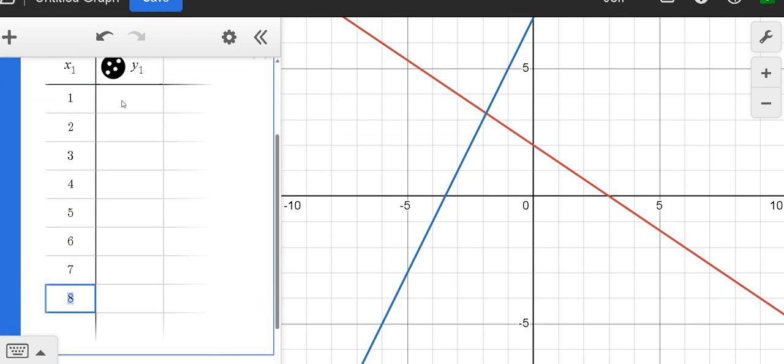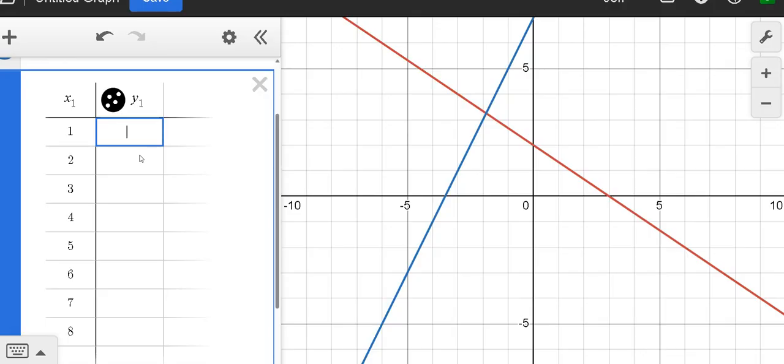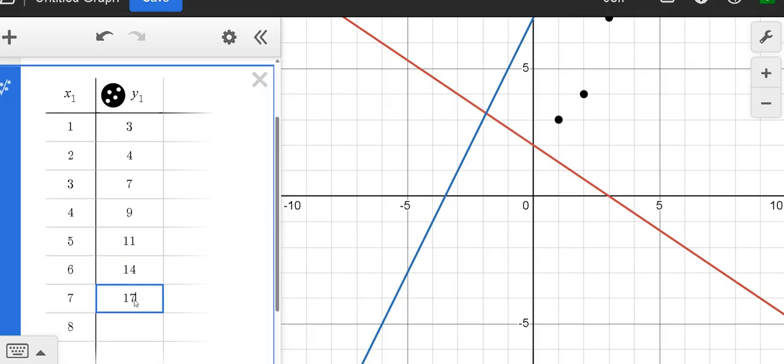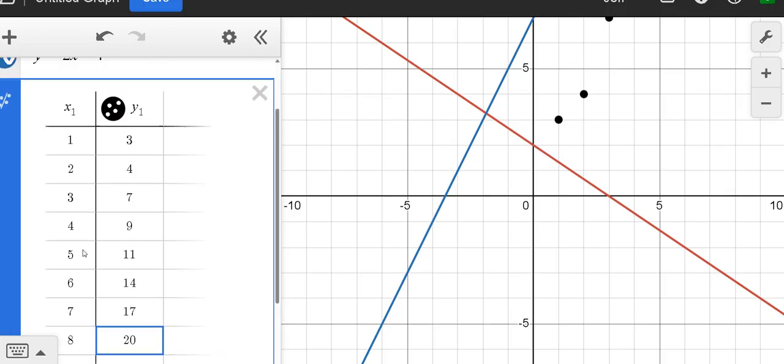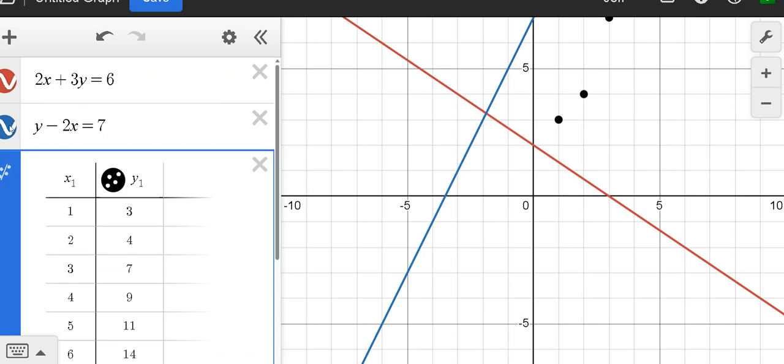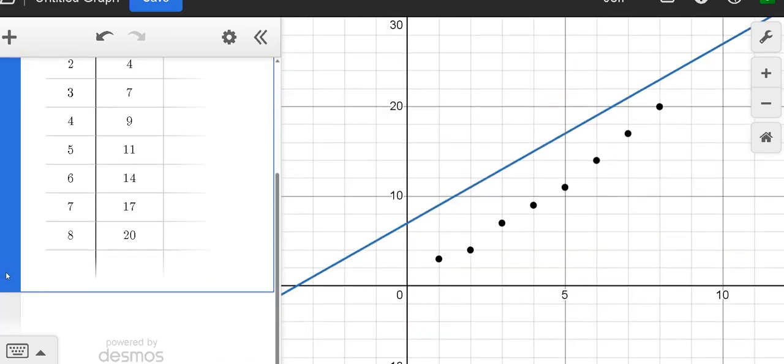Let's do 3, 5, 4, 7, 9, nope, 9, 11, 13, we'll do 14, 17, and 20. So not a perfect linear relationship, but not bad. Let's get rid of these two, and then let's fit this to our data.